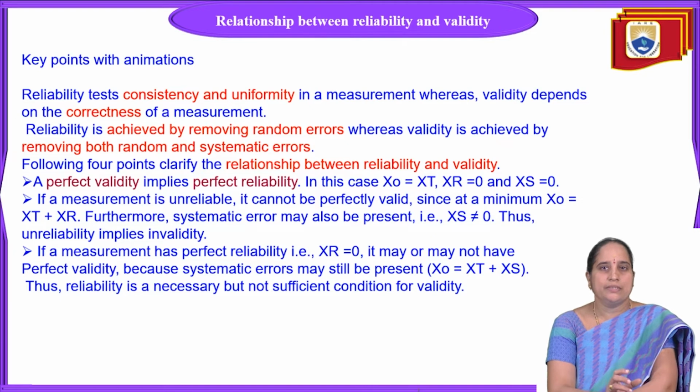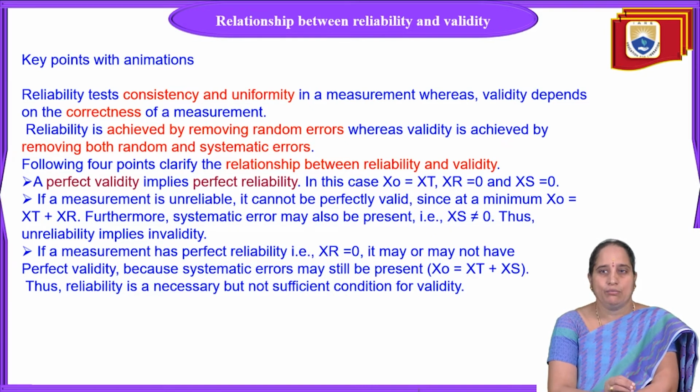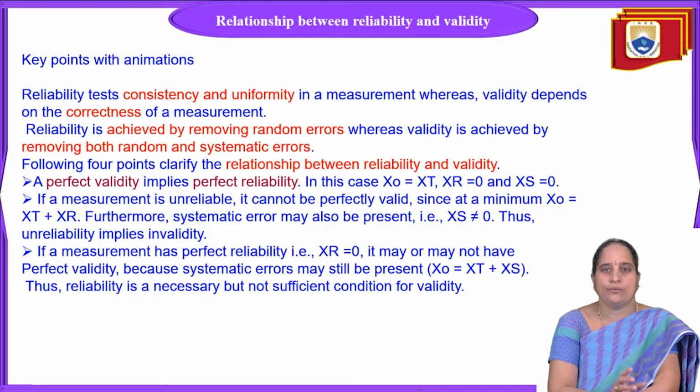So there are 4 points that clarify the relationship between reliability and validity. The first one is that perfect validity implies perfect reliability. In this case, the observed score is equal to the characteristic of an attribute, where random error and systematic error are always 0, then that type of validity is said to be perfect validity.